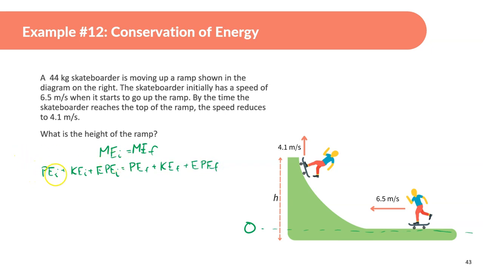Okay, so at the very beginning, it's at the 0 line, so no potential energy. There is kinetic energy because he's moving 6.5 meters per second. There's no springs or anything elastic here, so this is 0.